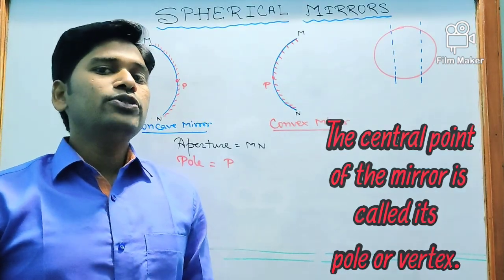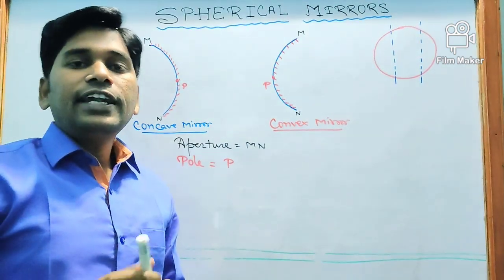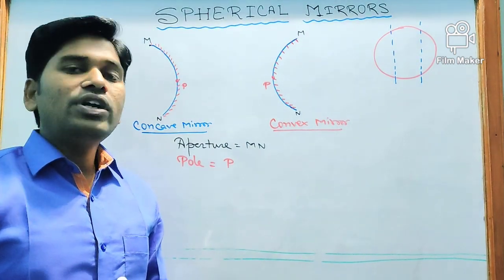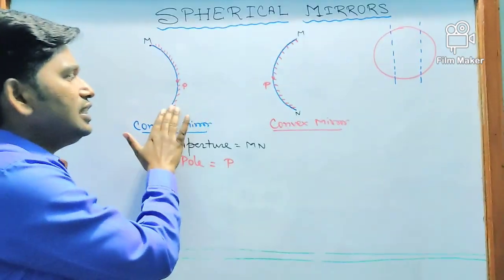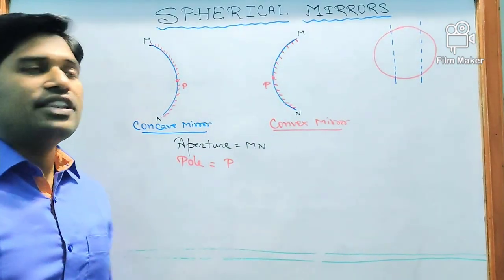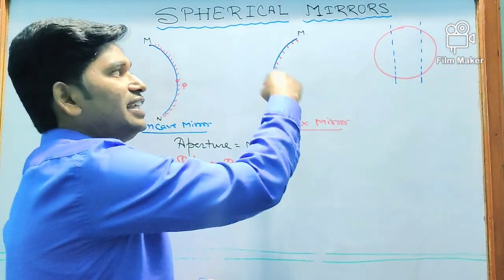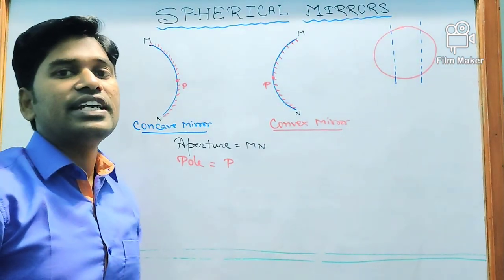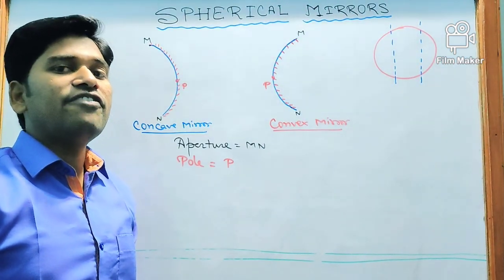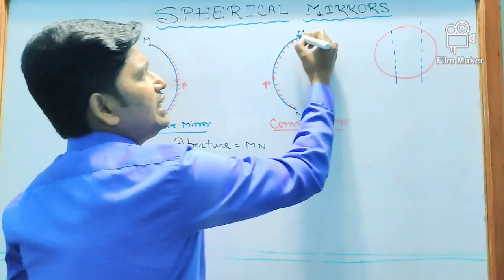The third term related to a spherical mirror is the center of curvature. So what is the center of curvature? As we have seen, these spherical mirrors are part of a sphere. So the center of that sphere, whose part is this spherical mirror, is known as the center of curvature. We will get it by completing this sphere.